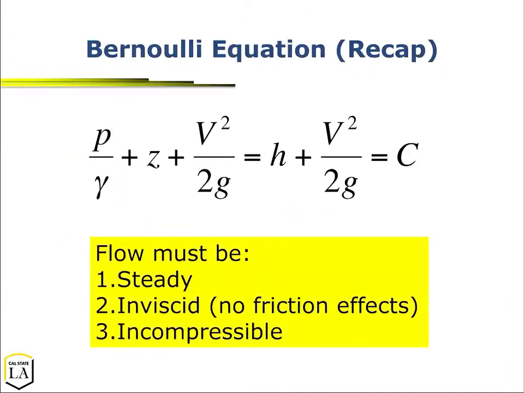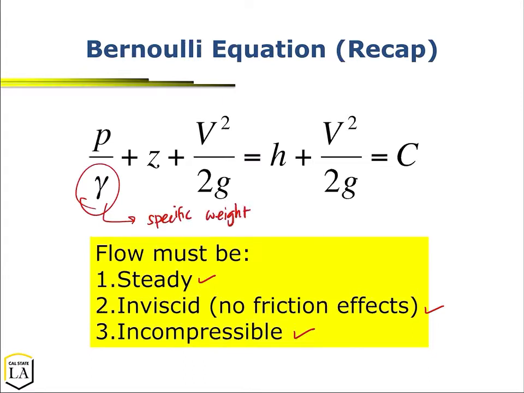Okay, in order to use the Bernoulli equation, we need to have steady flow, we need to have inviscid flow, so we have no friction effects, and we have to have our fluid that's incompressible. That one is really important because that means that the specific weight is constant.